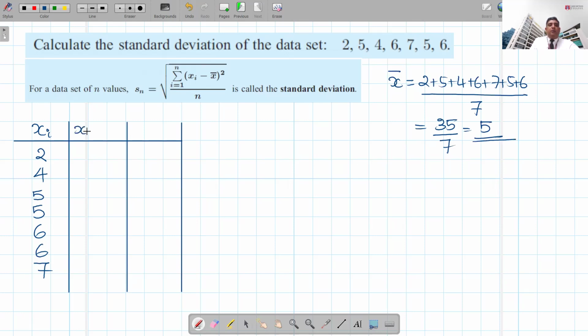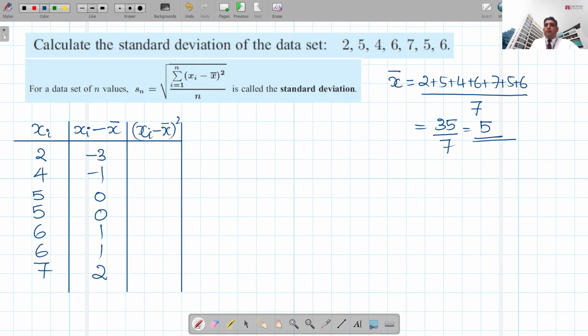So next thing I'm going to do is xi minus x bar. Or in other words, 2 minus 5. So I get -3, -1, 0, 0, 1, 1, and 2. All of you here? The next thing I'm going to do is xi minus x bar, the whole square.